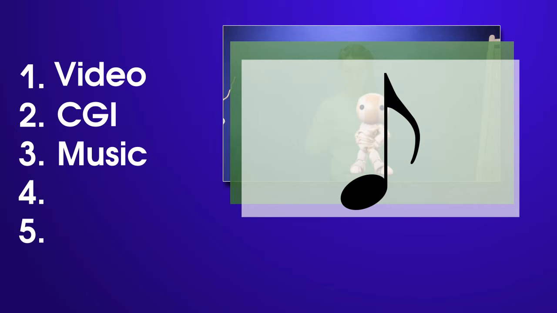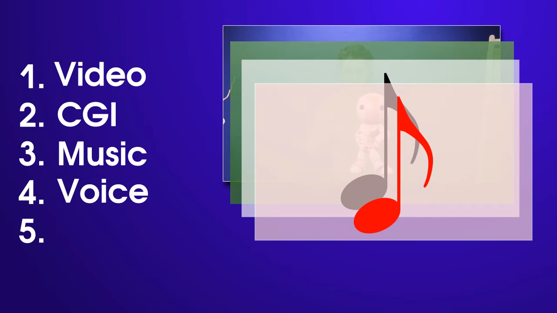Another component that is super important in a video commercial is the voice layer, the so-called voice component. It is actually a text, some kind of narration, which is read by a professional voice actor.